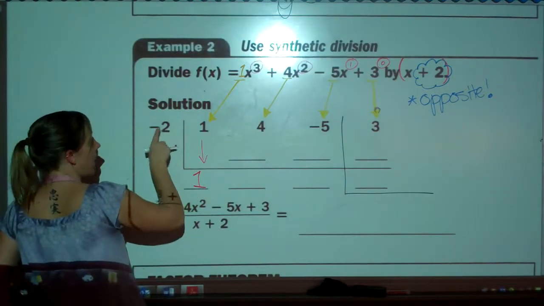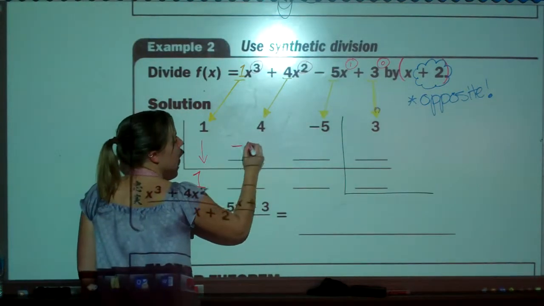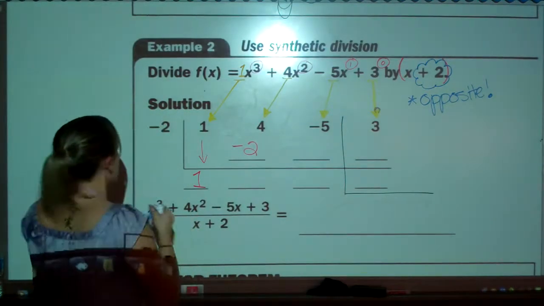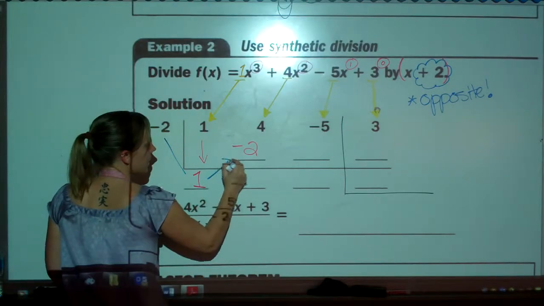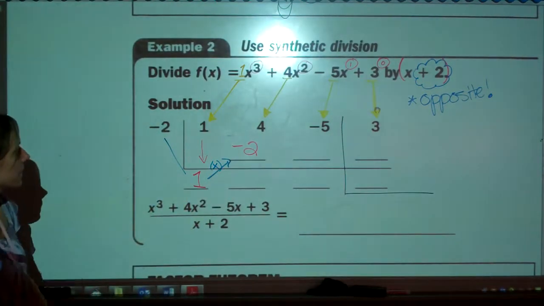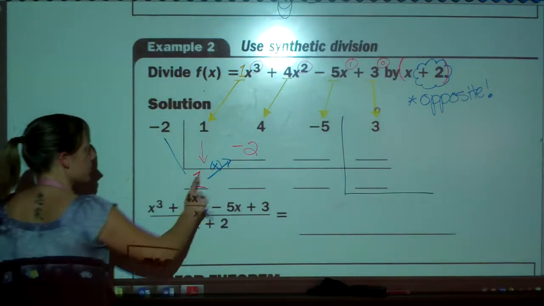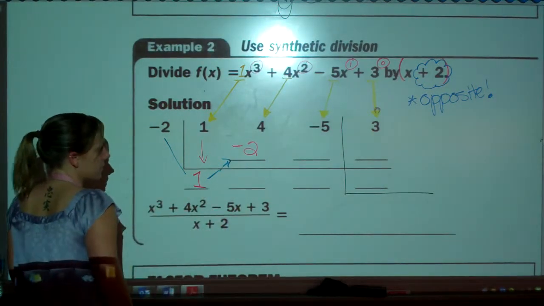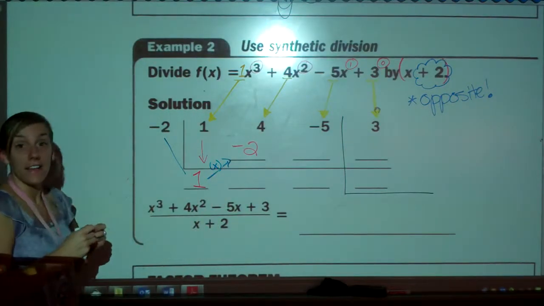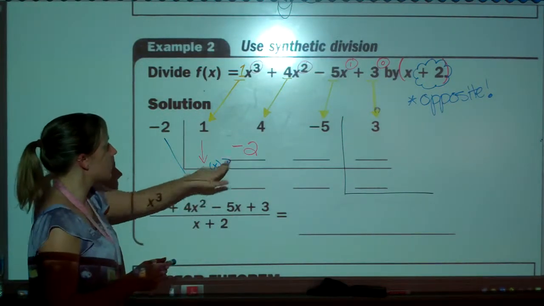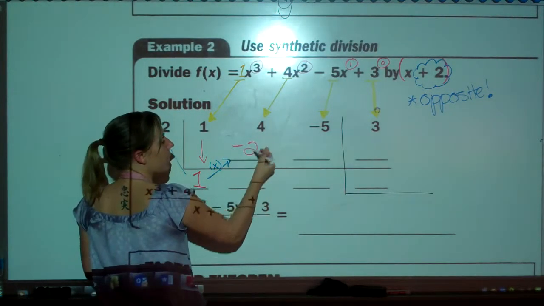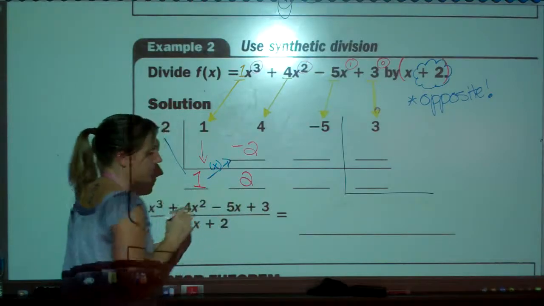Then we multiply negative 2 times 1, and we put it here. So we go from here to here, and we multiply. Put a little times right there, okay? All right, and then, now that negative 2 times 1 is negative 2, now you add these two lines up. 4 and negative 2 is a positive 2.